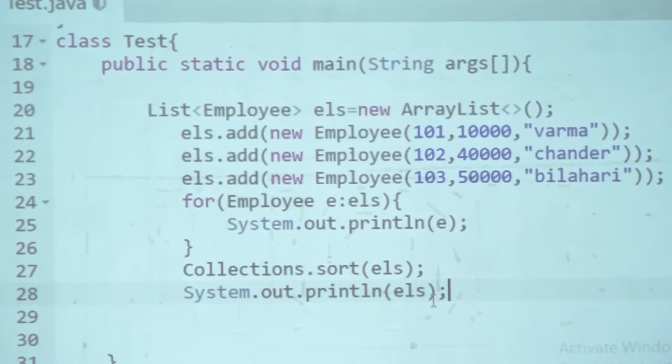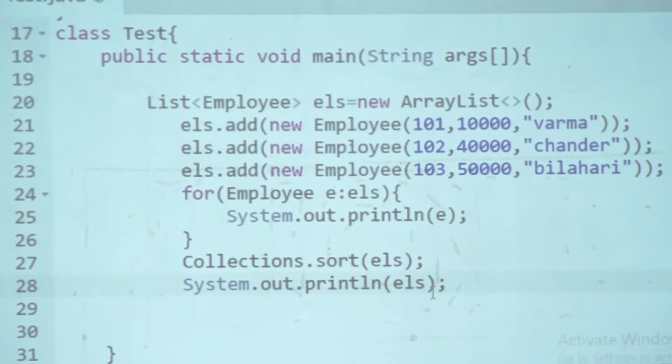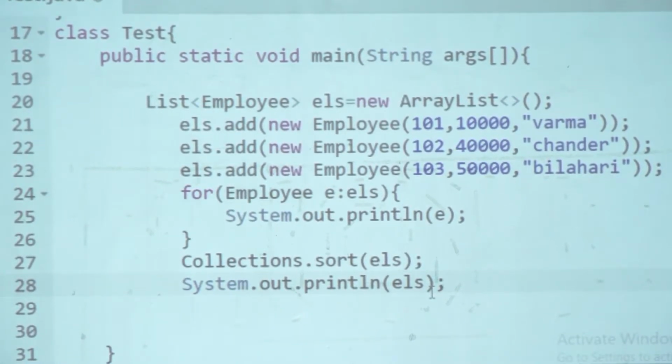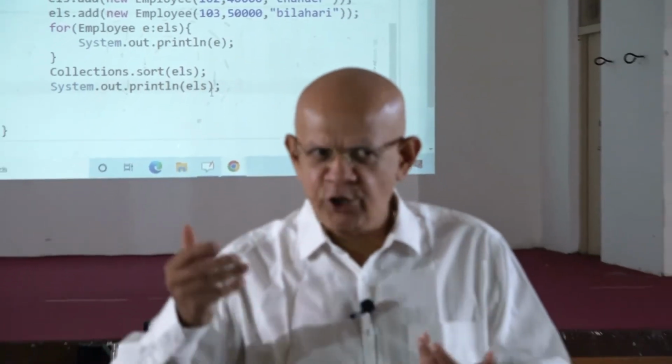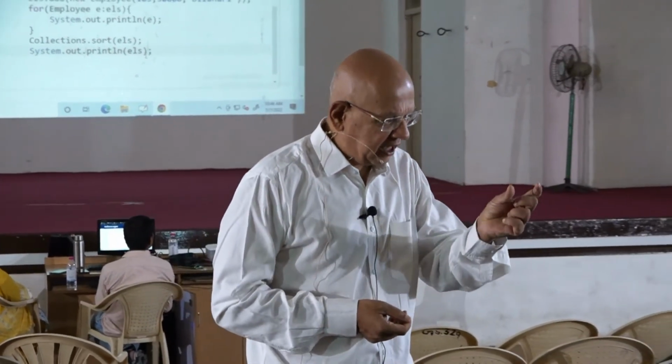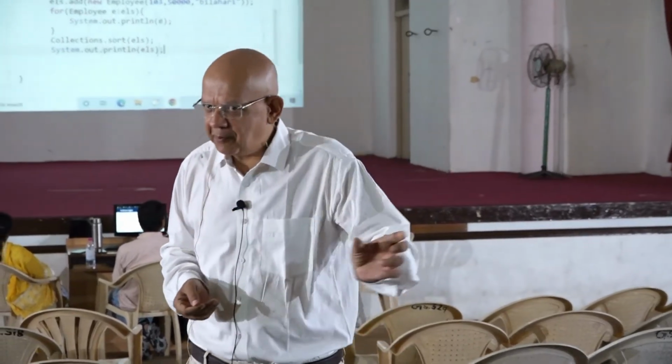So sorting requires an ability to distinguish whether I am less than somebody or more than somebody, because otherwise sorting can't work. Sorting is a mechanism to order elements based on some criteria, whatever you choose to have as the criteria. But there must be some criteria on the basis of which the elements have to be ordered.